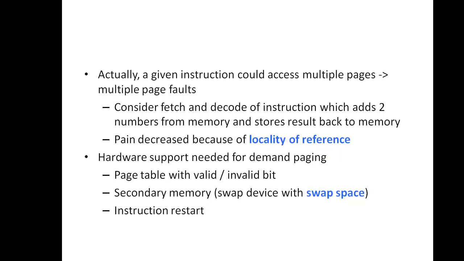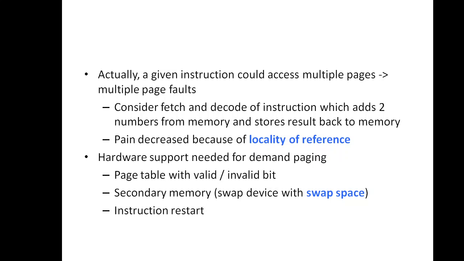So now what I'm trying to say is, this single instruction is accessing multiple different pages by accessing the operands. In order to fetch the values of a and b, suppose those pages are not present in the main memory, it would result in a page fault. Since it is accessing multiple pages, it results in multiple page faults.